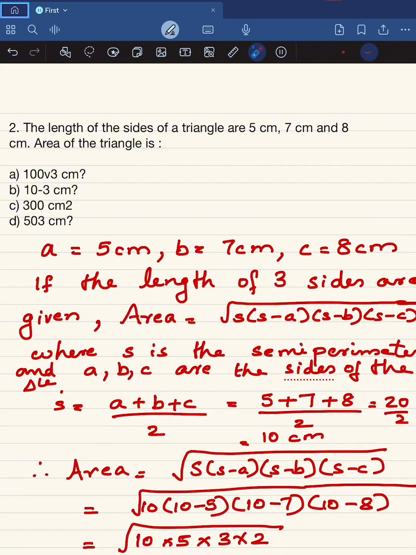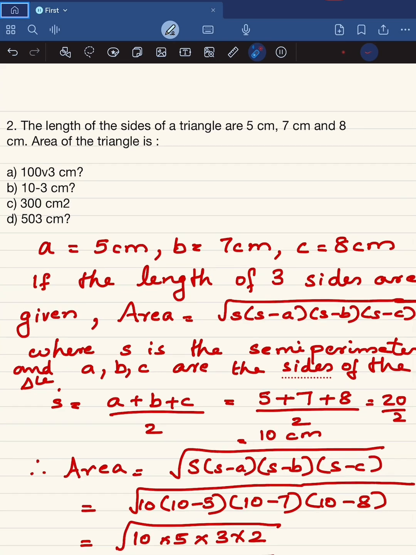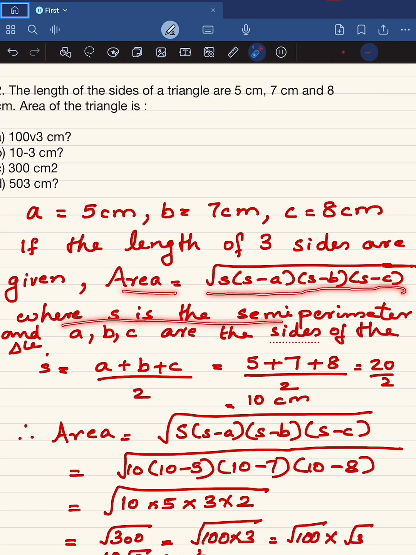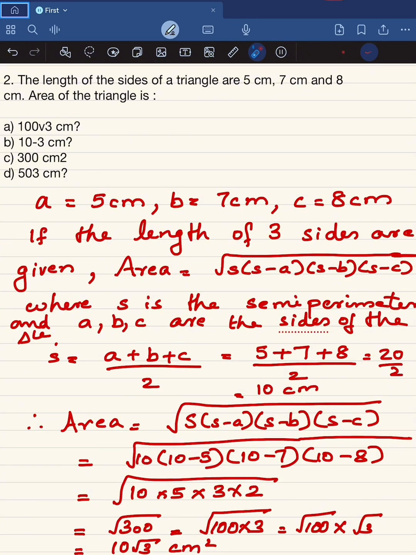If the lengths of the 3 sides are given, the area is equal to root of s into (s minus a) into (s minus b) into (s minus c), where s is the semi-perimeter of the triangle and a, b, c are the sides. Here a is 5 cm, b is 7 cm, c is 8 cm. So you have to put these values.